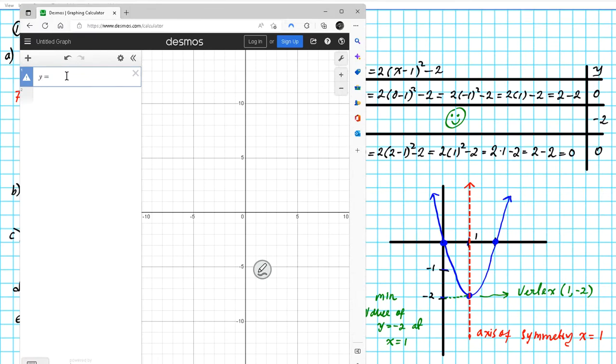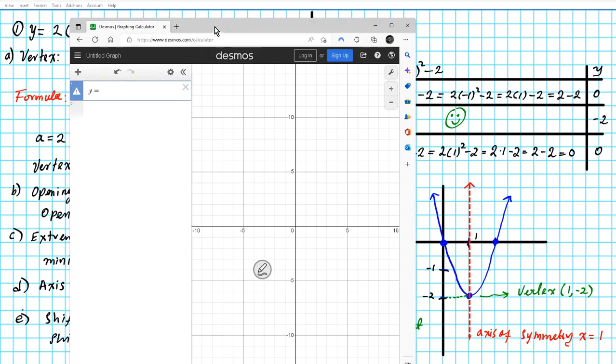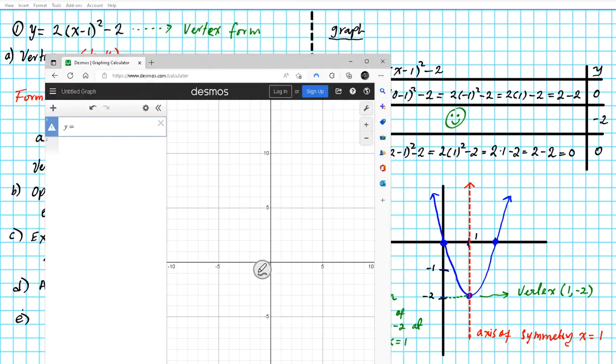So y equals 2 times the quantity x minus 1. Okay, close that. To access the exponent, you're just going to use shift 6 to get the caret, and then squared minus 2. Bam.